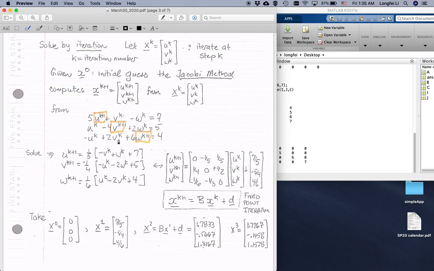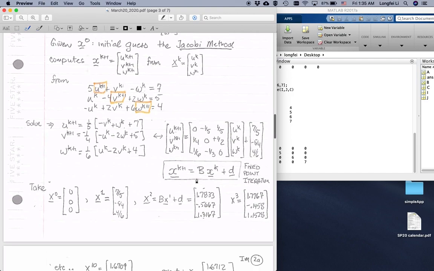So this way, if we solve for step k plus 1, writing everything at the k plus 1 step on the left hand side and all the other things on the right hand side, we'll end up with uk plus 1, vk plus 1, wk plus 1 equals this matrix times my solution or approximation at the k step, plus some constant vector, right?